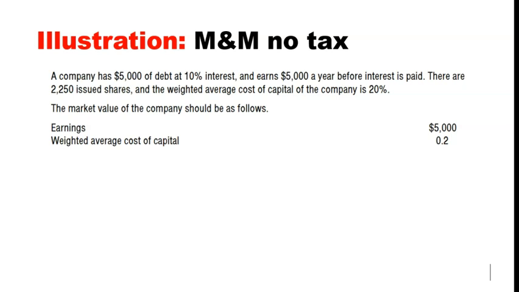We are having earnings of 5,000 as you can see, and the WACC is that one, and we know that the market value of the firm is equal to the earnings over the WACC.